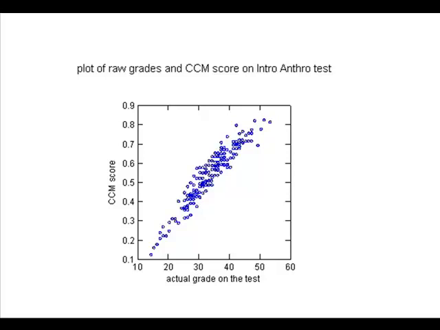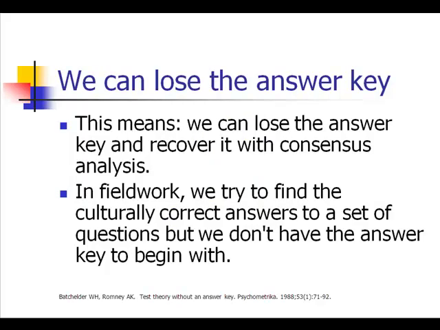I could throw away the answer key and retrieve it. I could have given every student the score that they got and never have cheated a student by more than half a grade, a B plus maybe instead of a B. In almost all cases, it was entirely right, dead on.